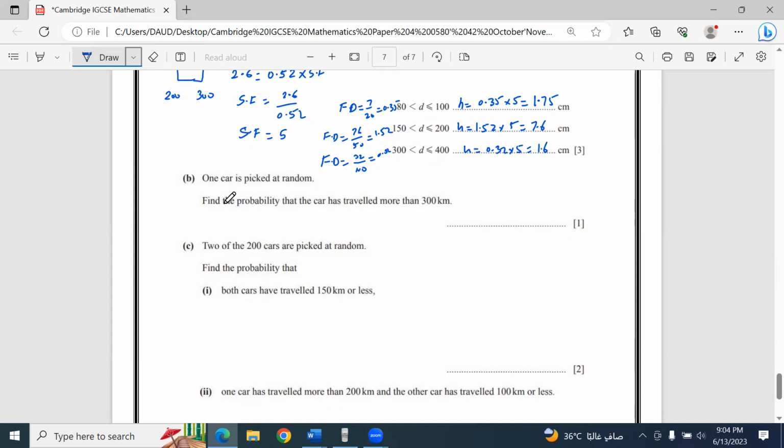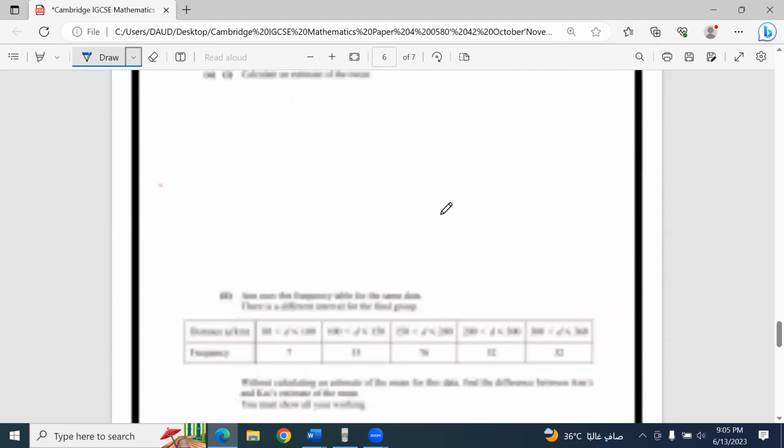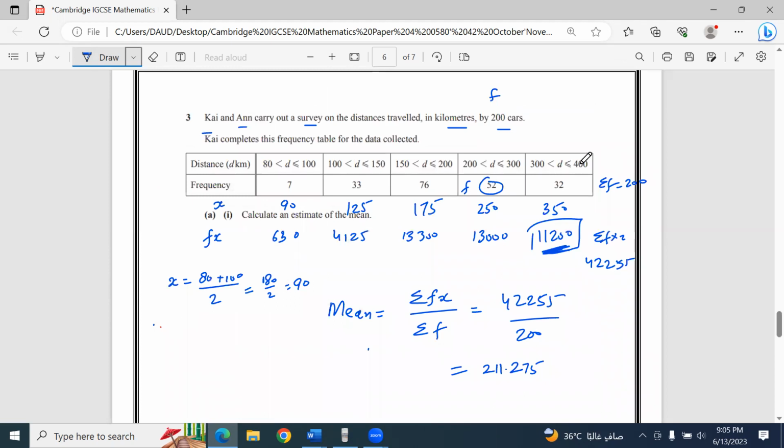And next they will talk about probability in this question. So one car is picked randomly. We need to find the probability that the car has traveled more than 300 kilometers. So we will check how many cars there are. For more than 300 kilometers, we have only 32 cars.